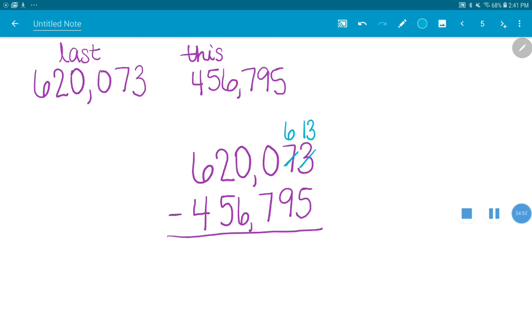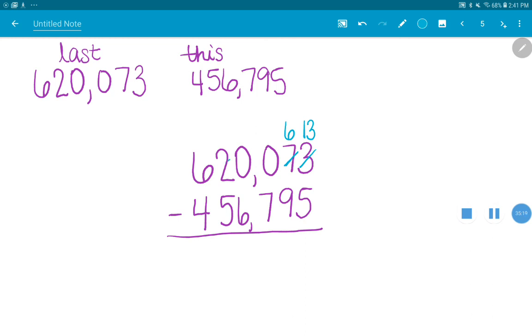Can I subtract the tens? I have 6 tens and I need to take 9 away. Can I do that? No. If I look over to the hundreds, what do I have in the hundreds place value? A 0. Is that helpful? No. If I go to the thousands, I have a 0. Is that helpful? No.